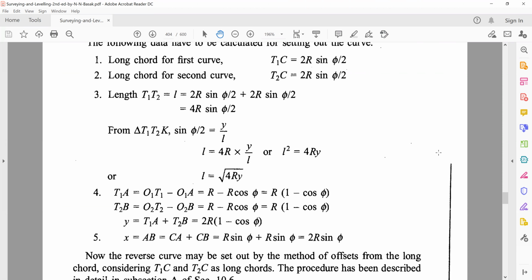So from here, if you know the radius, if you know the length of the long chords, we can calculate the perpendicular distance between the two parallel lines, which is equal to y.